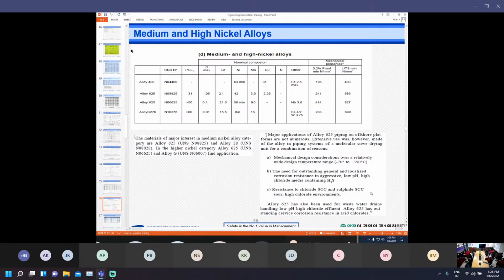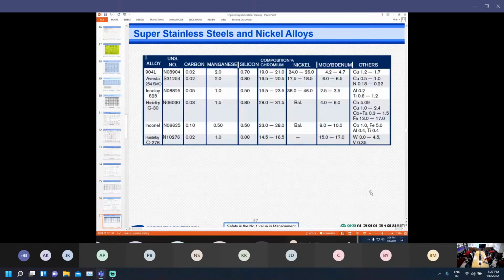It means we are going to add some more nickel to make it more temperature resistant. So this is super stainless steel and nickel alloy. In the aero industry, you are going to use Hastelloy, Inconel. So these are nickel alloys. This is for high temperature.